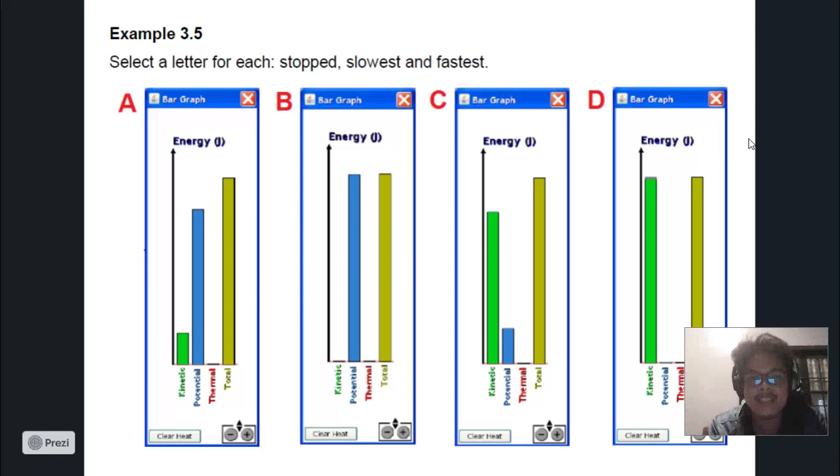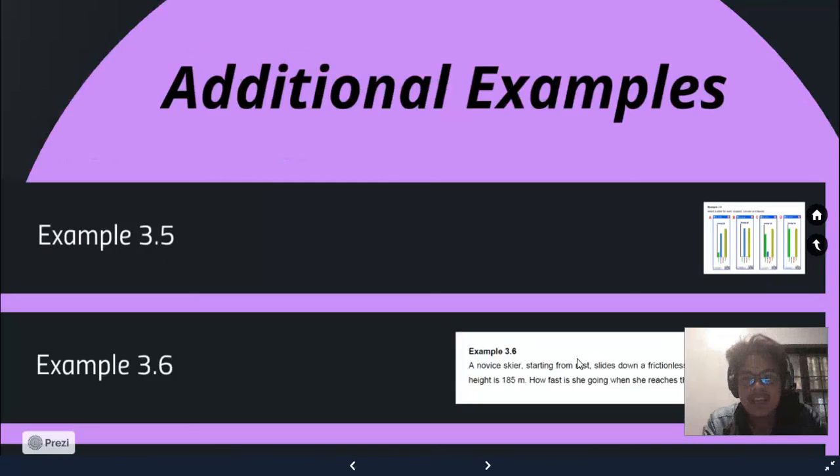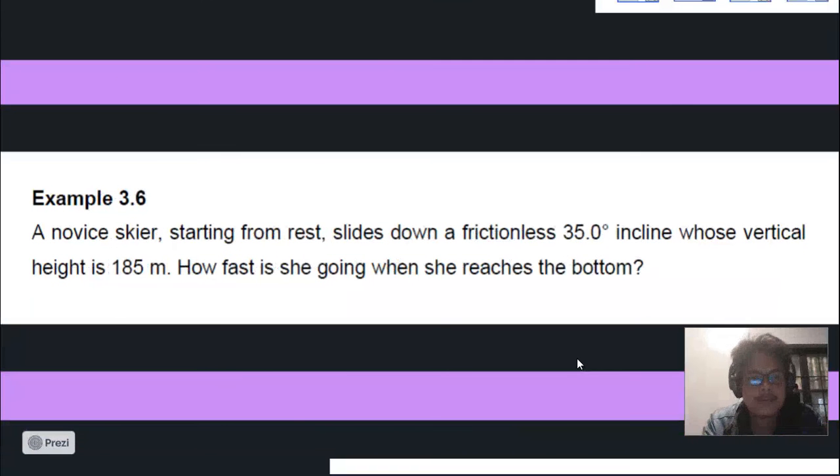Next, we have the example 3.6. We have a novice skier starting from rest, slides down a frictionless 35 degrees incline. Okay, so nag-start siya at rest, and then it slides down at incline of 35 degrees whose vertical height is 1.85 meters.